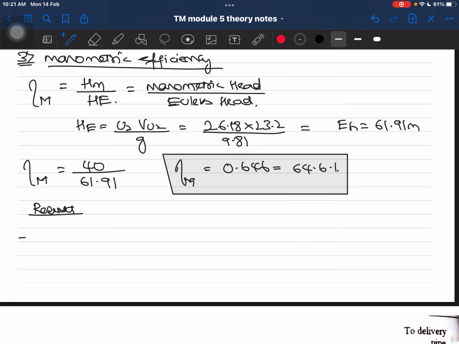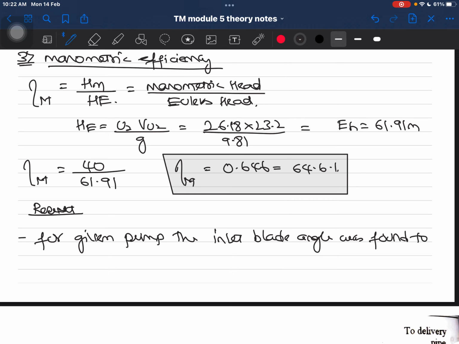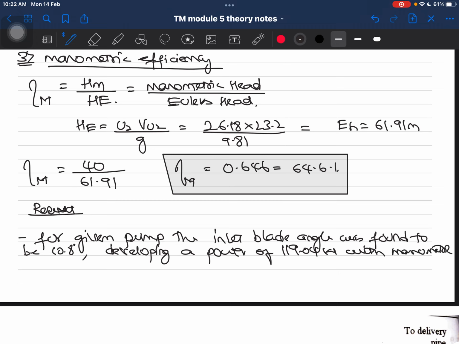Result: for the given pump, the inlet blade angle was found to be 10.8 degrees, developing a power of 119.04 watts with manometric efficiency of 64.6%. So there you can end your solution.